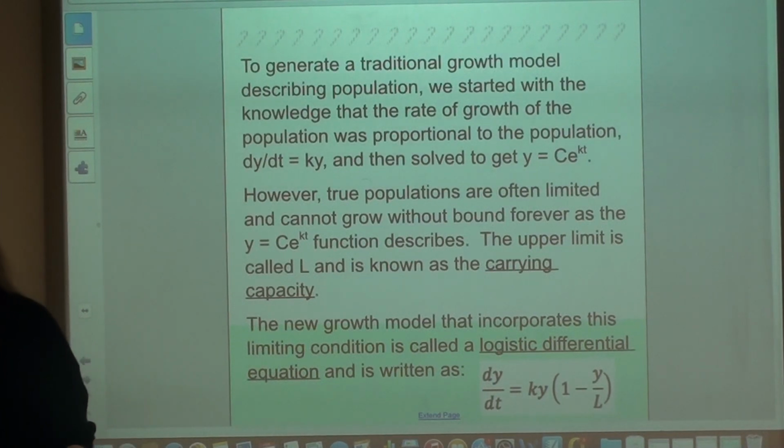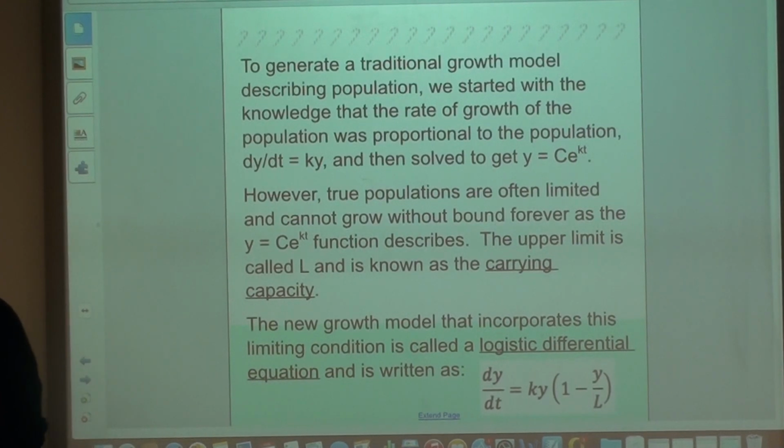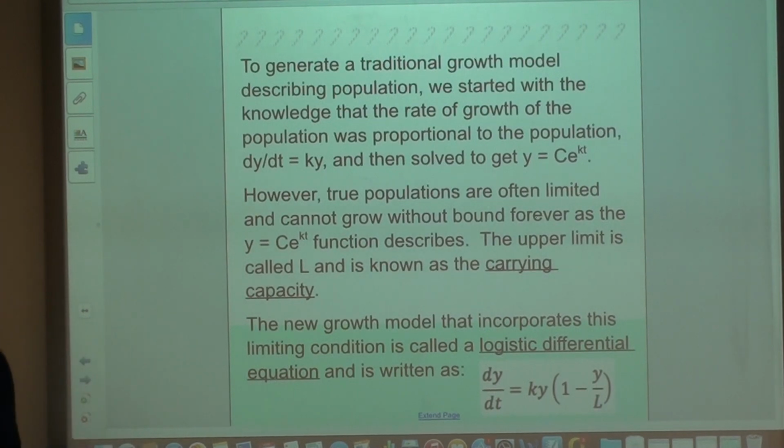But there are limiting factors on populations. You have to have food and water and space and all this stuff that you need to survive as a population. What if we started getting our energy from the sun?